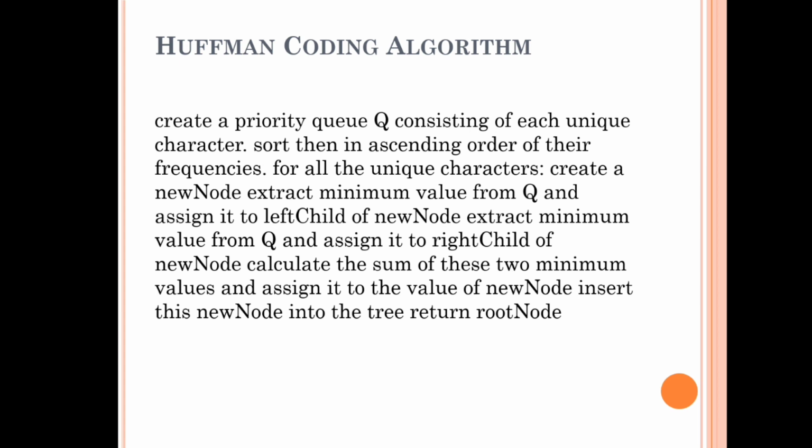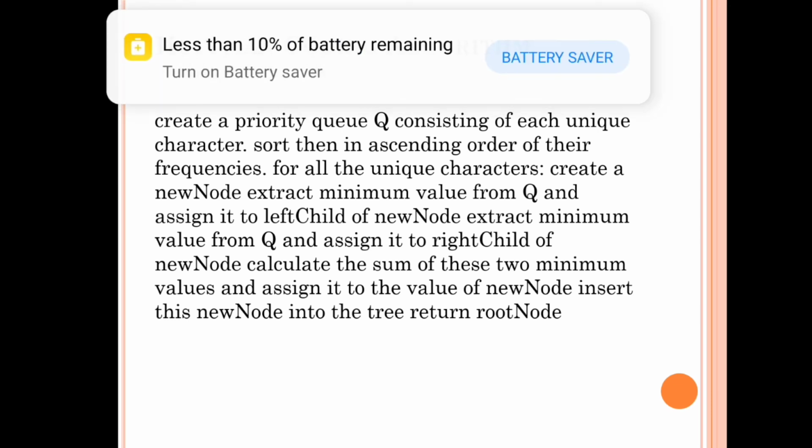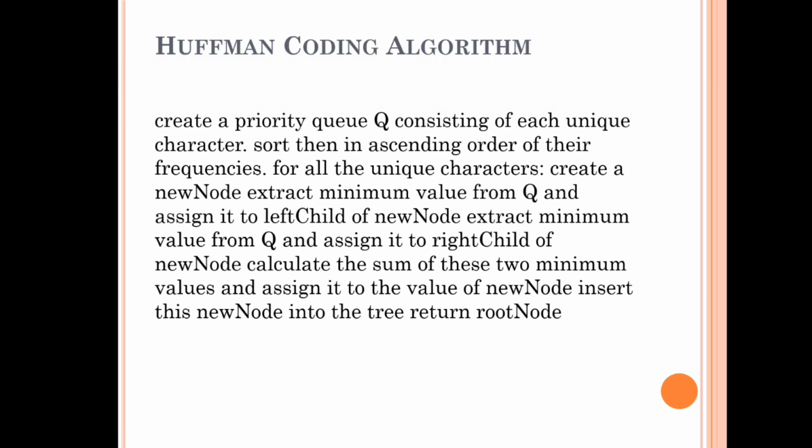So first of all, create a priority queue consisting of each unique character, then sort them in ascending order of their frequencies. For all the unique characters, create a new node and extract the minimum value from the queue, and assign it to the left child of the new node.